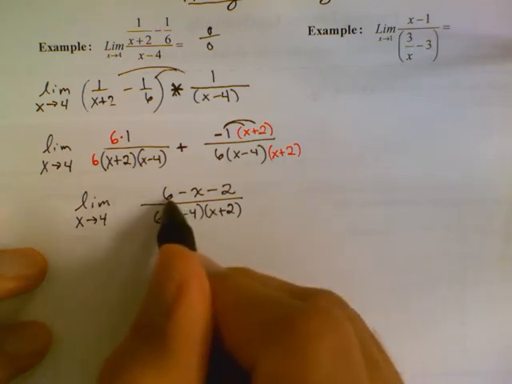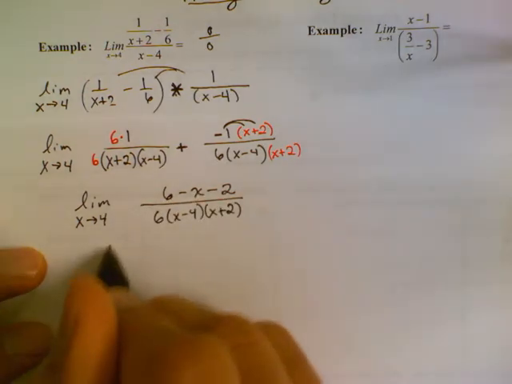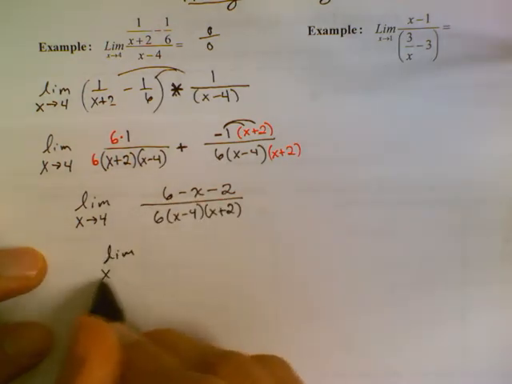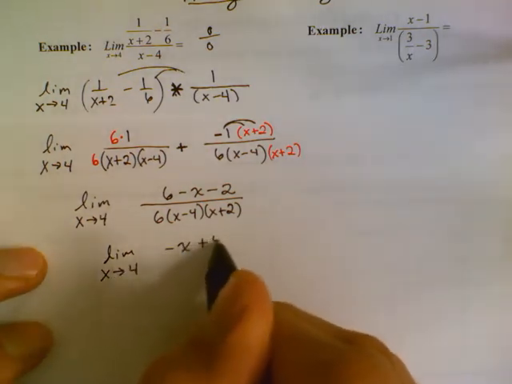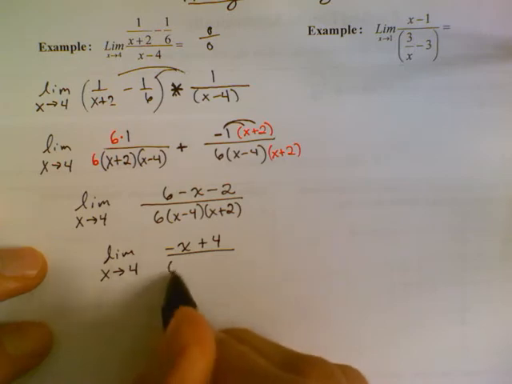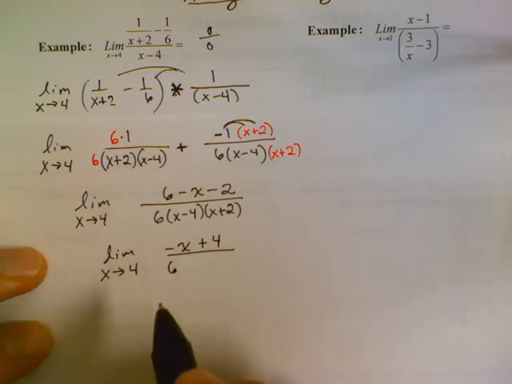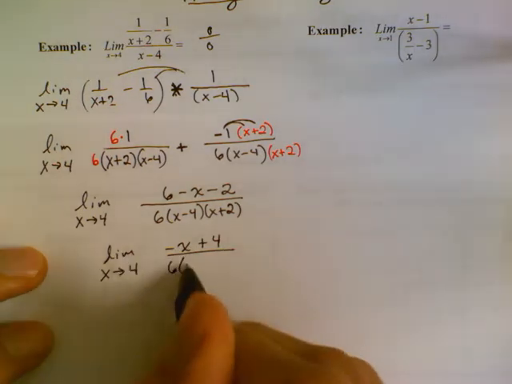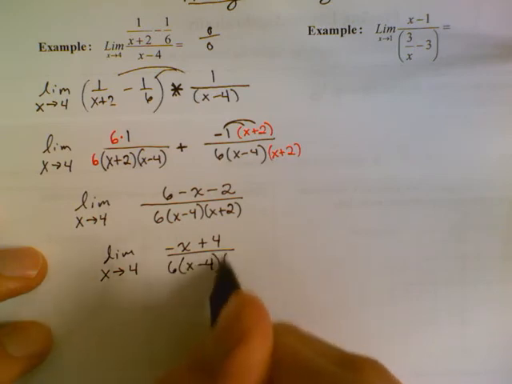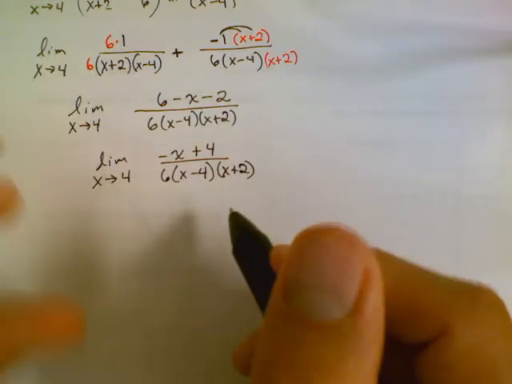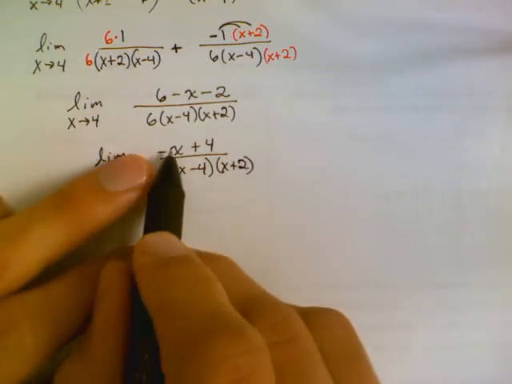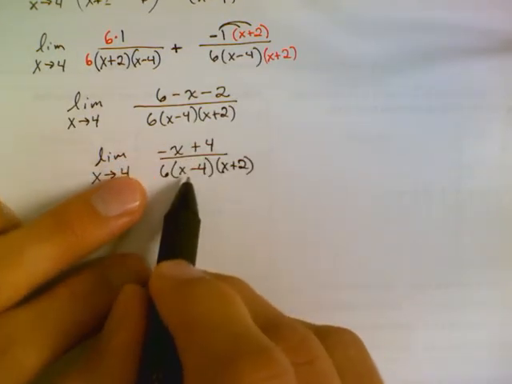Okay, 6 minus 2 is a positive 4, so we're going to write negative x plus 4, and then 6, x minus 4, x plus 2. I thought I messed up. But from there, that says negative x plus 4 and that says x minus 4.